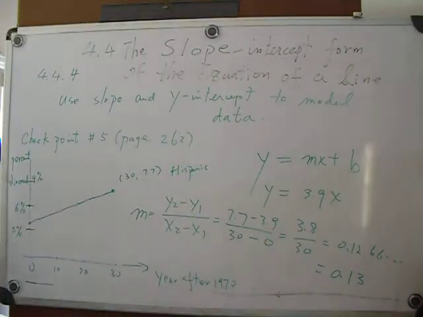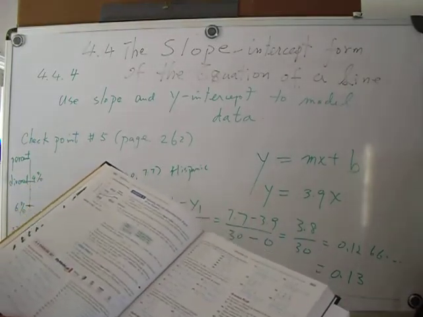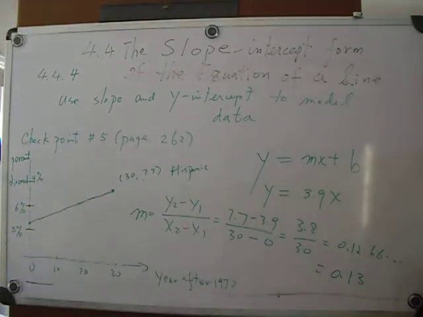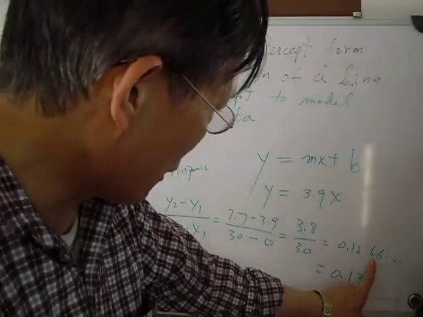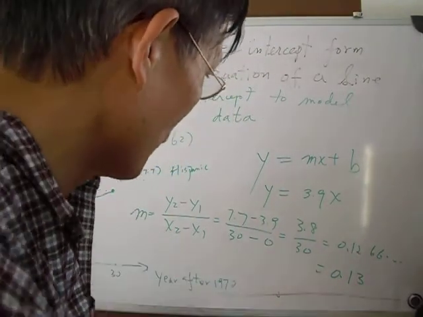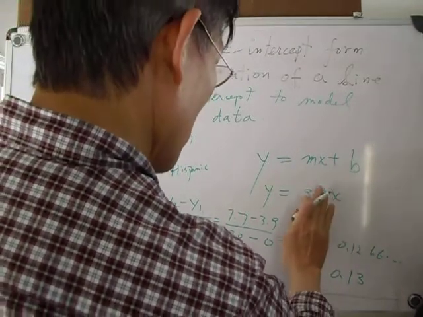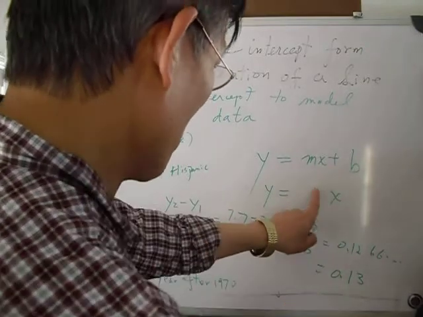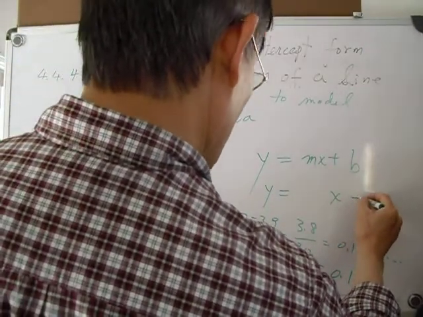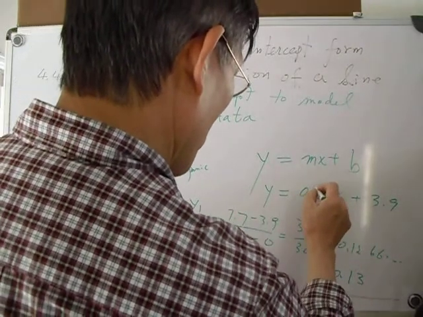The book says round your m to 2 decimal places. The third digit is 6, so you add 1 to the 2 and get 0.13. Earlier I made a mistake. The y-intercept is 3.9 and the slope is 0.13.